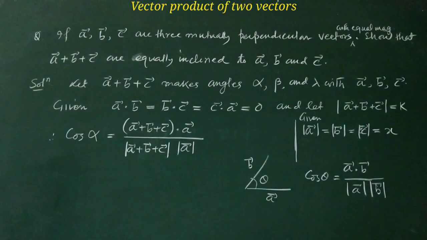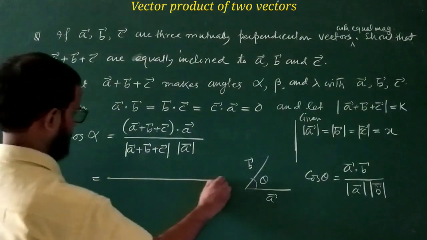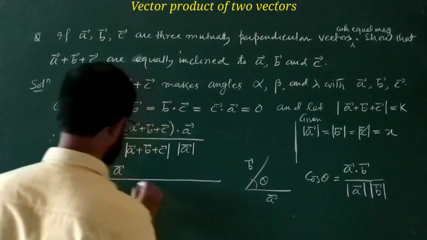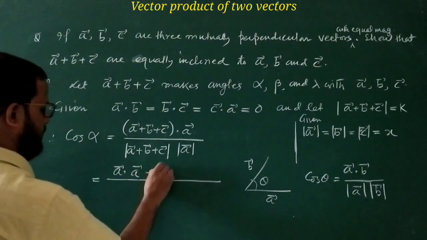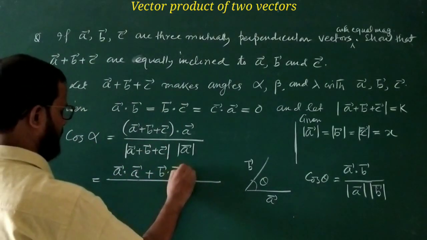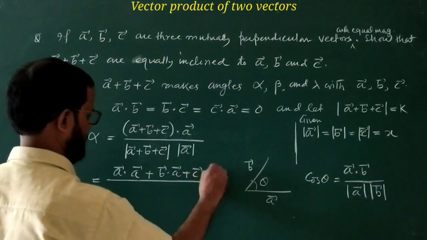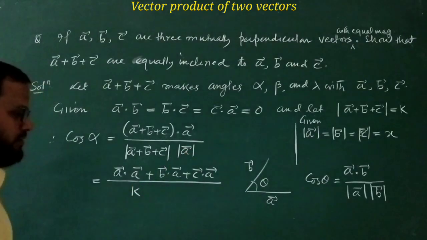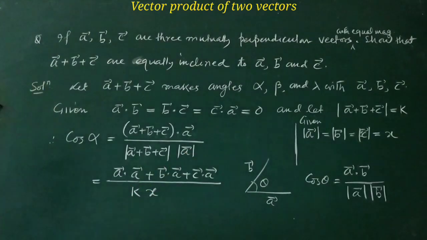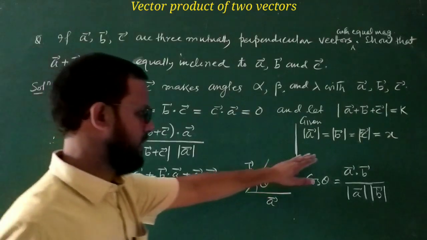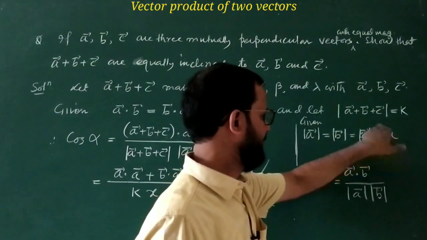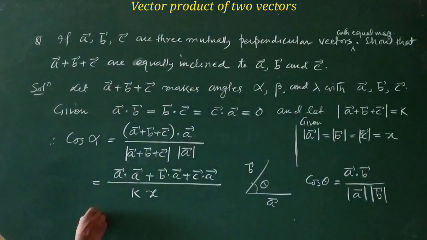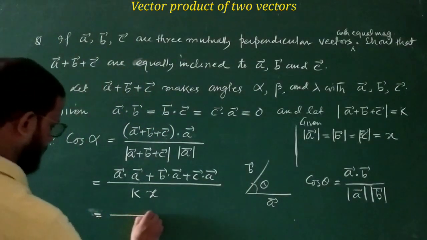Okay. From here you can find, this is a dot a, then b dot a, and then c dot a. We expanded. This is equal to k, and magnitude of a vector is equal to x. We already supposed it. Okay, by this particular relation, magnitude of a equal to x, and magnitude of this vector is equal to k. To make the calculation simple, we suppose it.